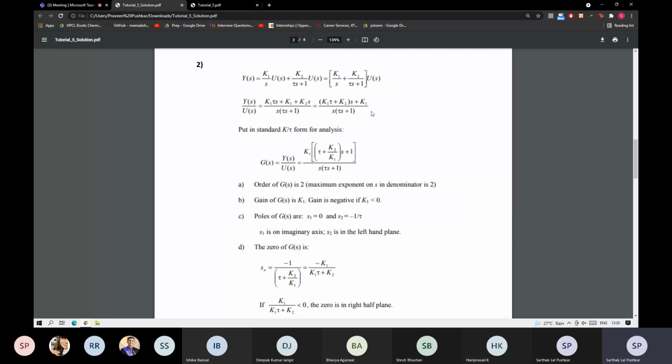Sir, earlier we were solving for calculating the gain, we used to do limit s tends to 0 of G(s). But here we are just looking at the standard form and then comparing. It is exactly the same thing, no?